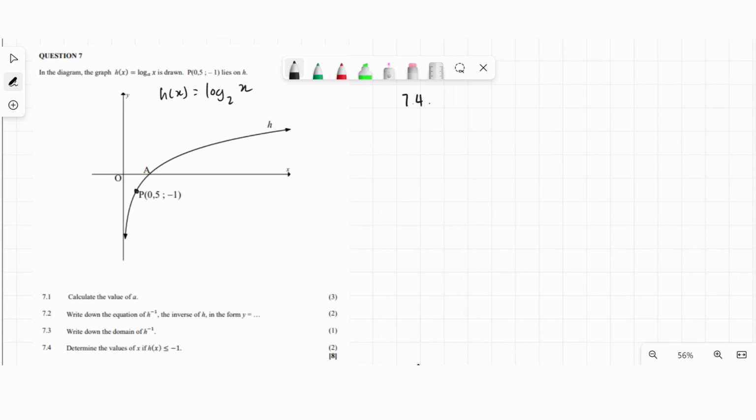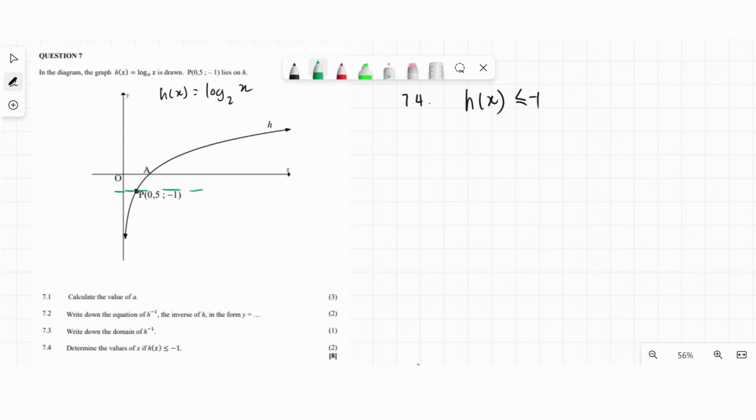Then the last question says determine the value of x if h of x is less than or equal to -1. So we know that h of x is less than or equal to negative 1. Here on the sketch we need to find where negative 1 is, so it's the y coordinate. We see that this point P has negative 1, so this is the part, right?